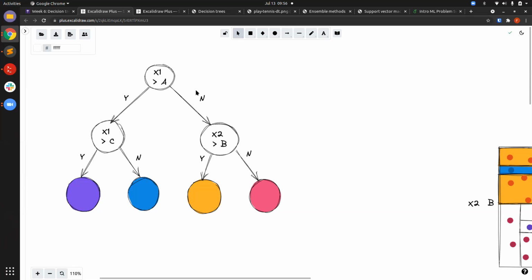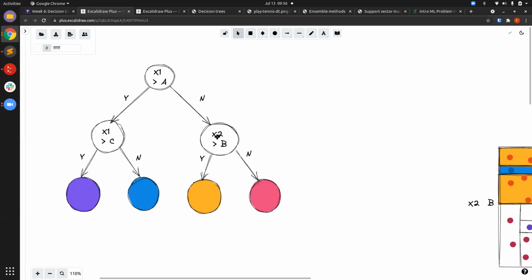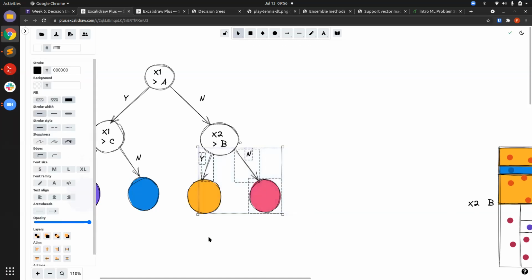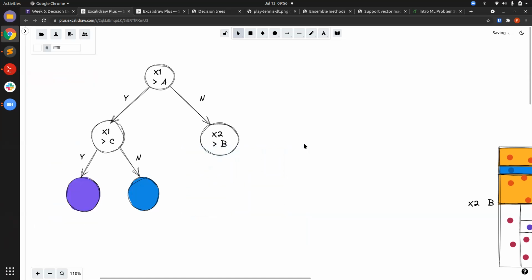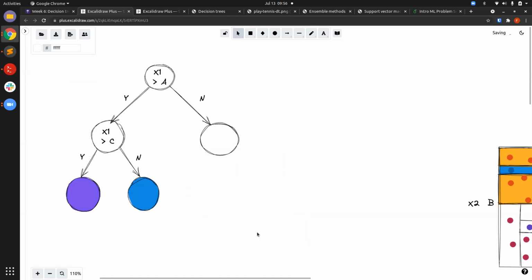Now, the best improvement in performance, as we know, is not going to be training error. So let's say I would remove this split. Instead of splitting here, I'm just going to take all of the no samples and classify them into one common leaf node.